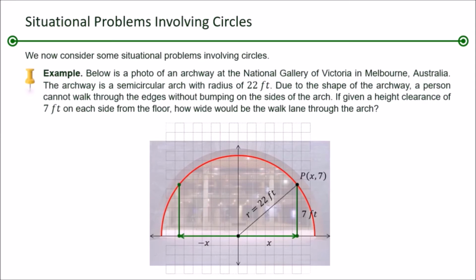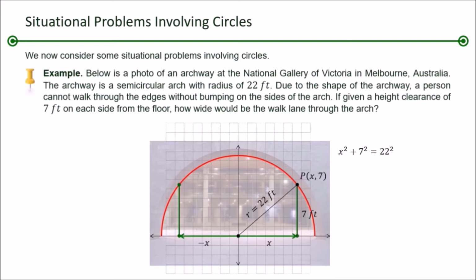Furthermore, we have drawn our circle in such a way that its center is located at the origin. What this means is we can make use of the equation x² + y² = r².